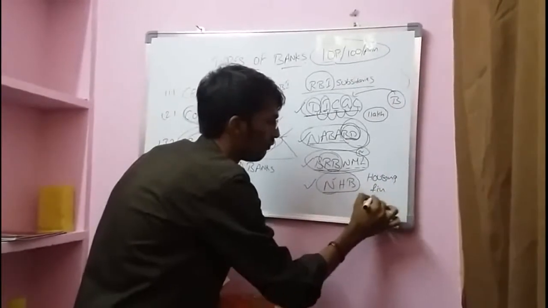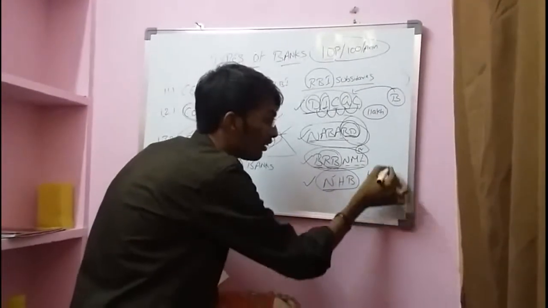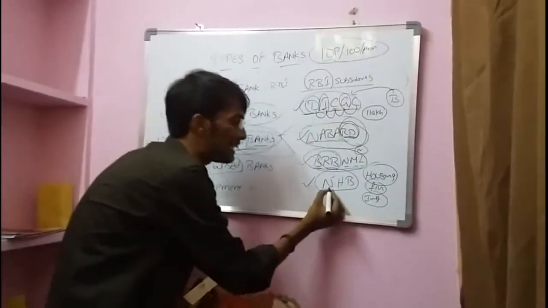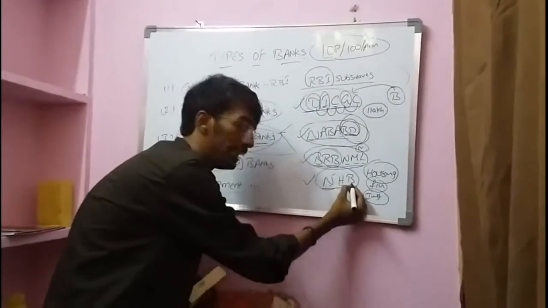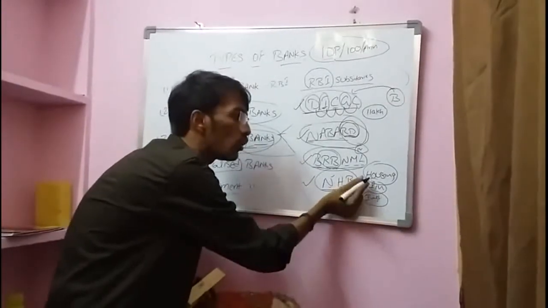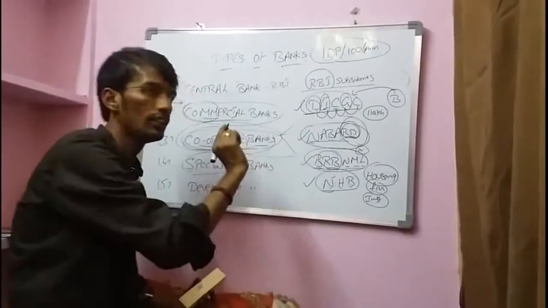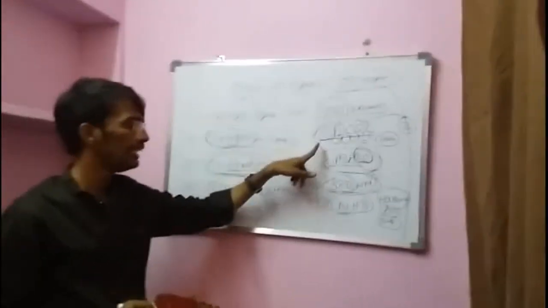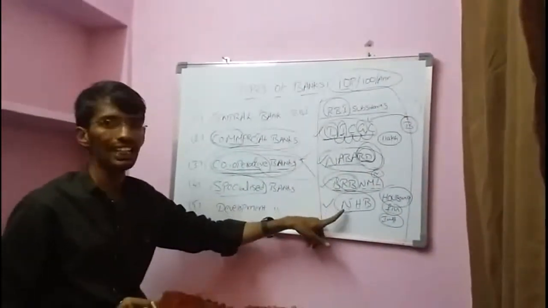It is very important: not only financial institutions, but housing financial institutions. So the four are DICGC, NABARD, BRBNML, NHB.